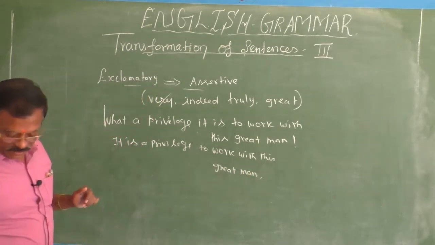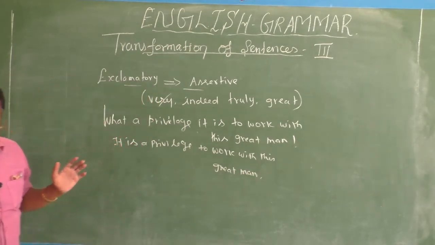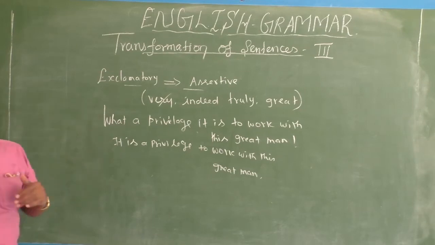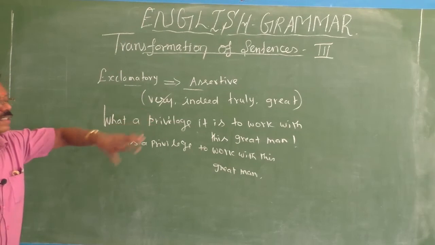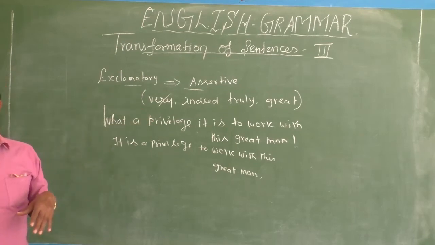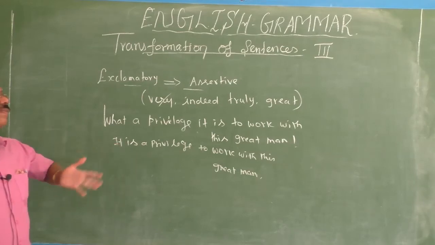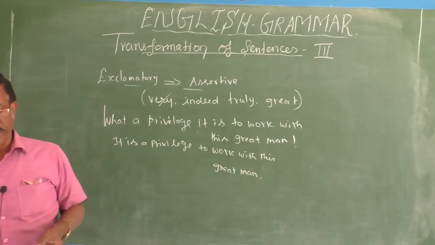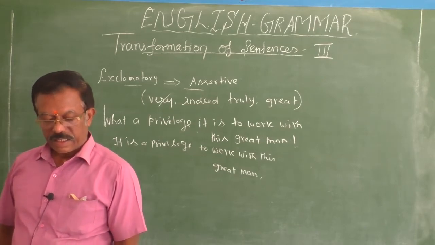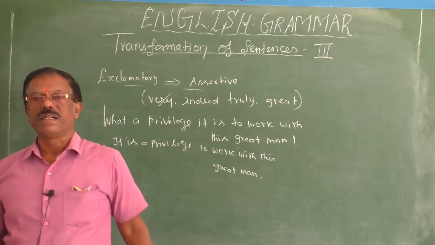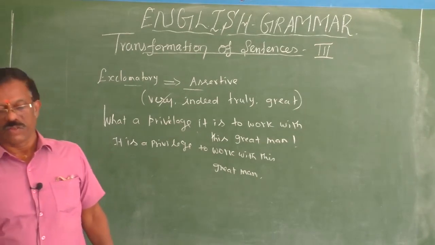So when you change an exclamatory sentence into an assertive, the sentence should retain the meaning of the given sentence. That's very important. It should in no way disturb the meaning of the given sentence. Okay, fine. So you have learned some examples of transformation of exclamatory into assertive.